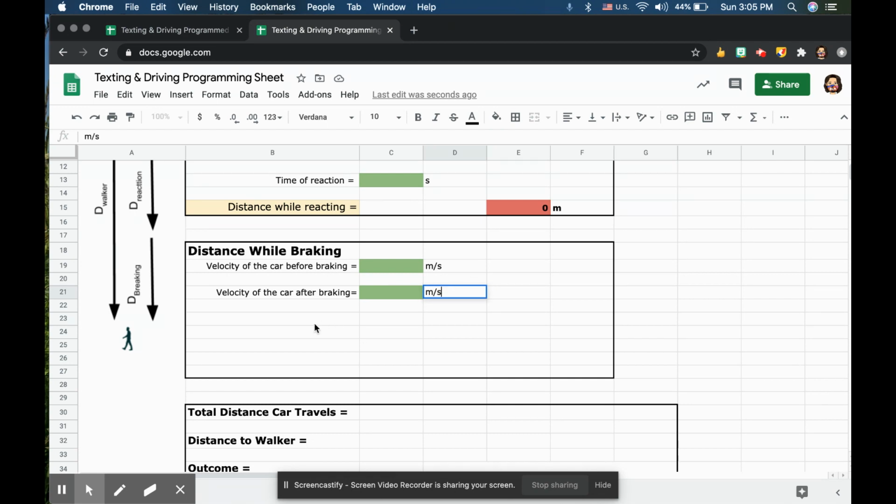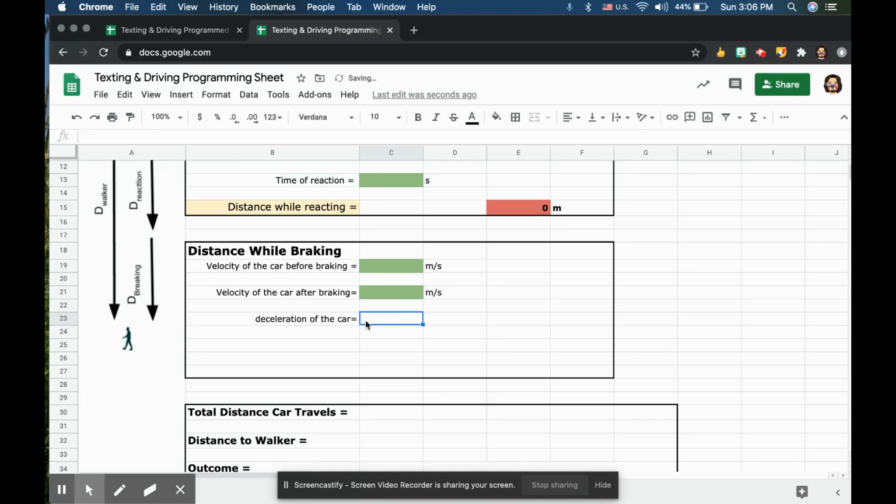After I do that, I am going to skip a line again, go down to B23, and what I'm going to type here is deceleration of the car, because I need to know my deceleration rate, so the rate the car is slowing down, to help me figure out the distance.